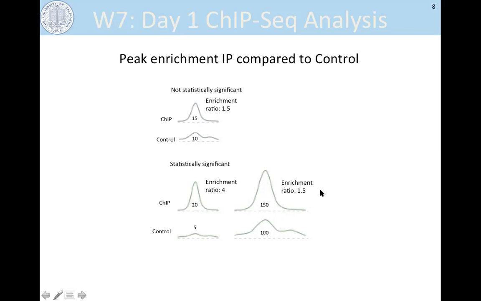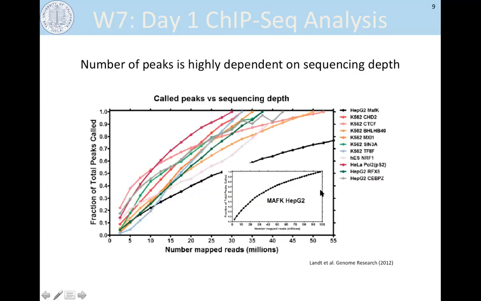So what this alludes to is that the number of peaks being called from your ChIP is highly dependent on your sequencing depth. And this is in fact the case. This is demonstrated in this graph, where you see the fraction of called peaks versus sequencing depth.